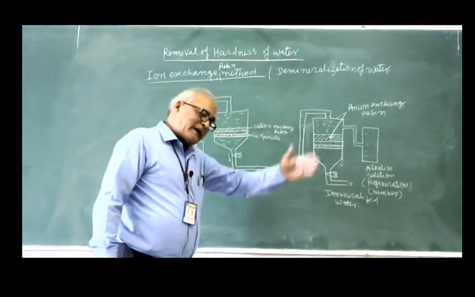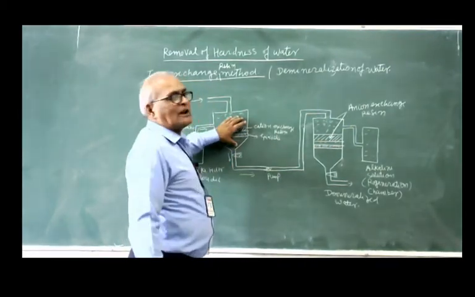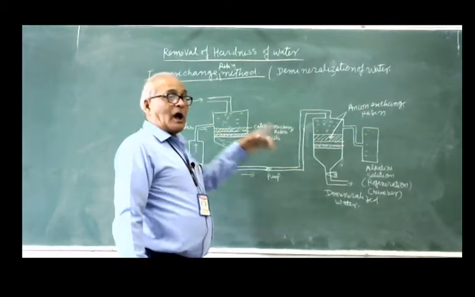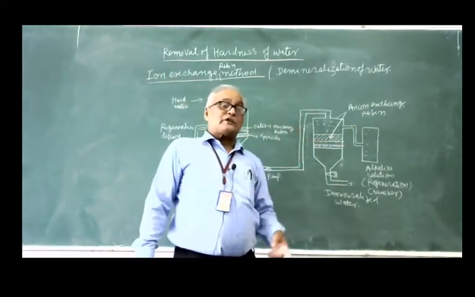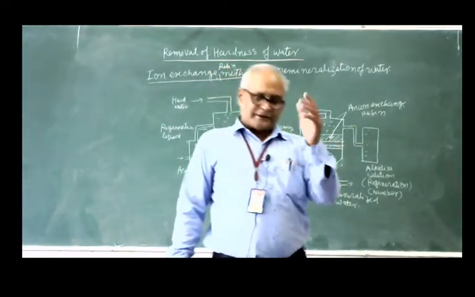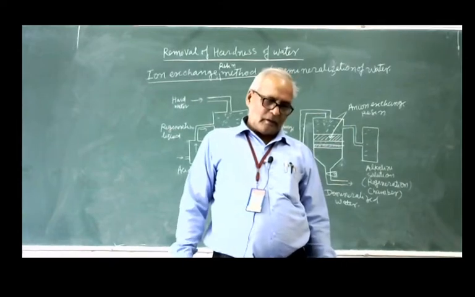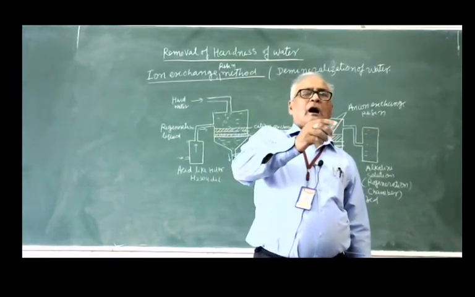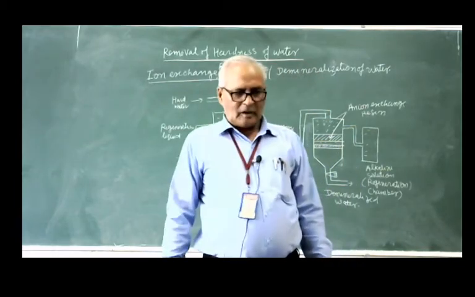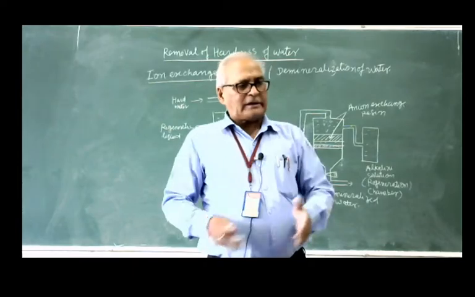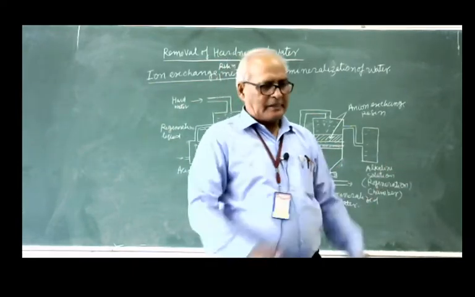This is just like the zeolite process. You remember in the zeolite process only calcium and magnesium ions are removed by the zeolite. Zeolite means Na2Z. So Z is the zeolite.